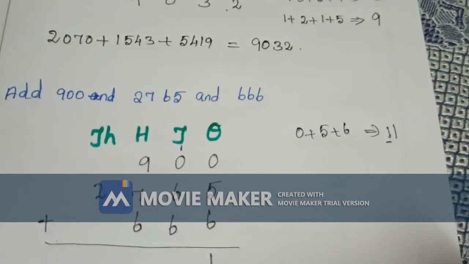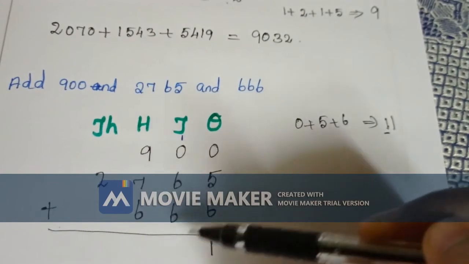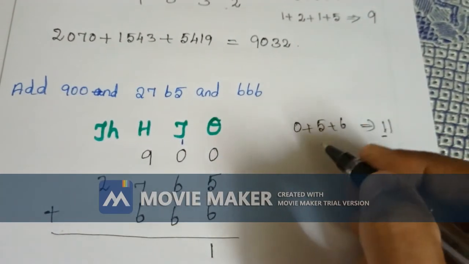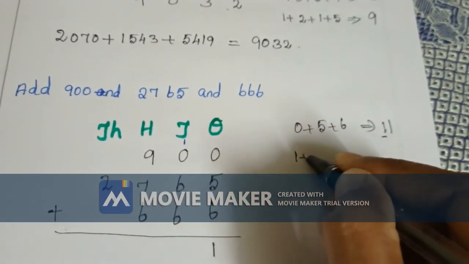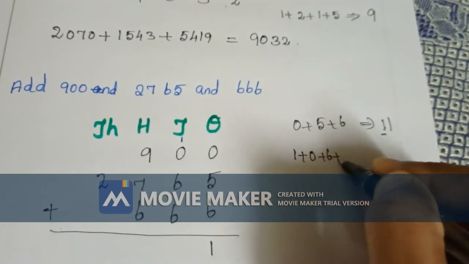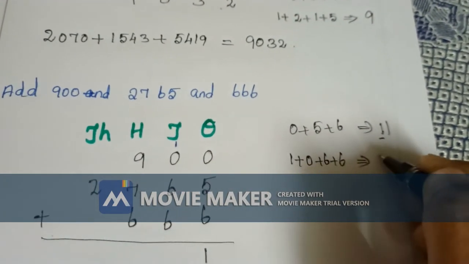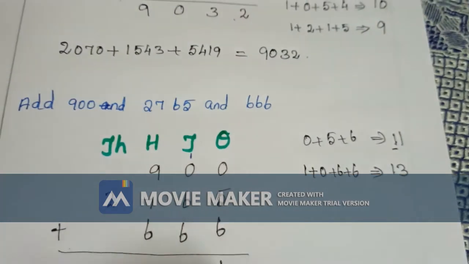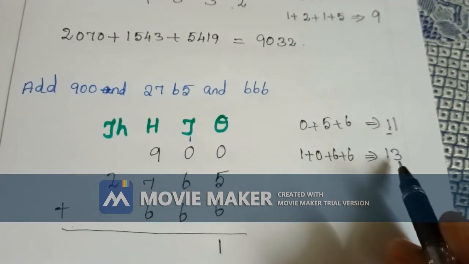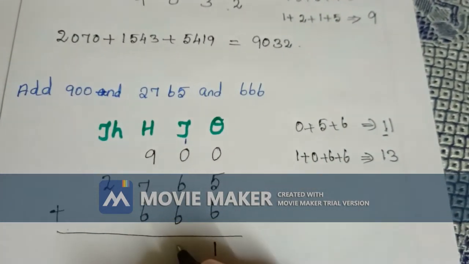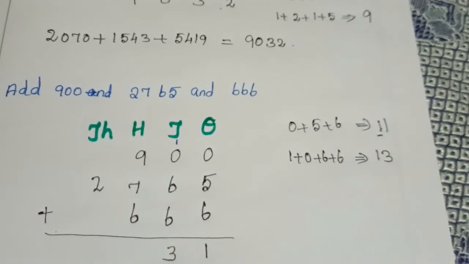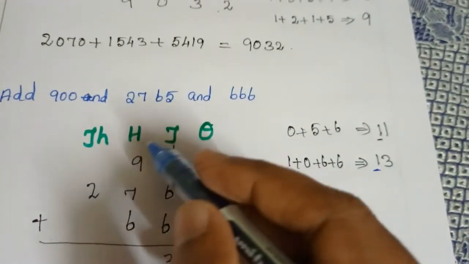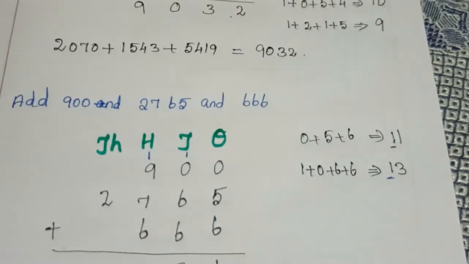The next step, you have to add the values in the tens place. That is 1 plus 0 plus 6 plus 6, which gives us 13. In the same way, you have to write 3 in the tens place and carry over this one to the 100 place.